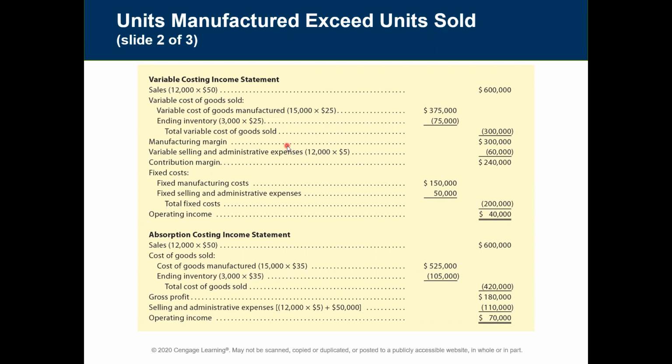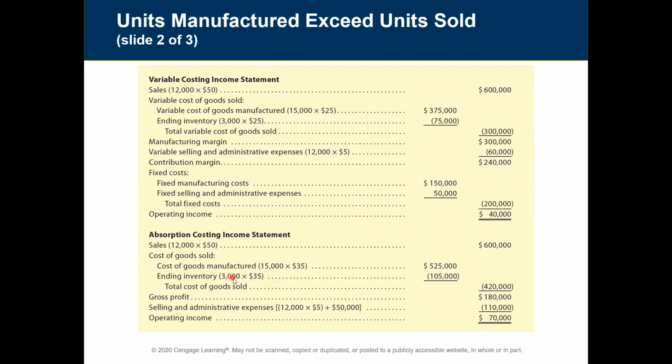Under variable costing, producing extra units does not add to our bottom line. Producing for inventory does not help under variable costing because all of the fixed manufacturing costs, you can see it right here, we have $150,000 worth of fixed manufacturing costs, all of those costs hit the income statement under variable costing.